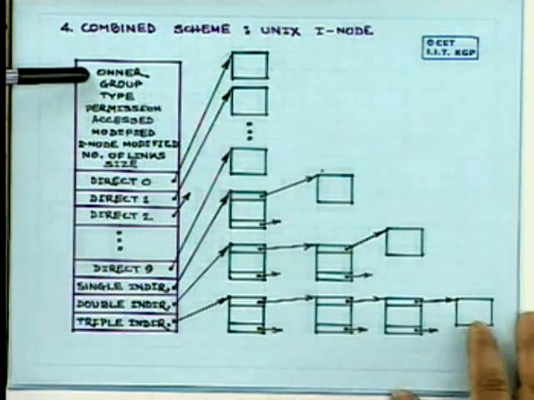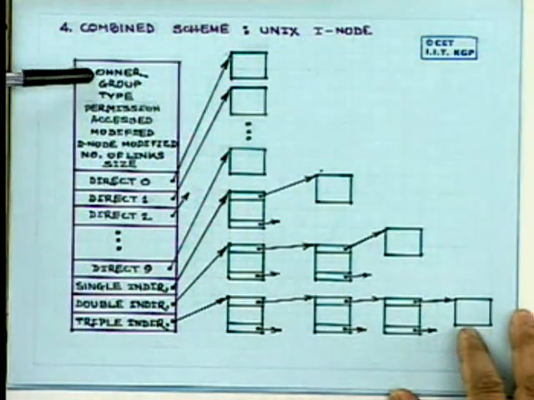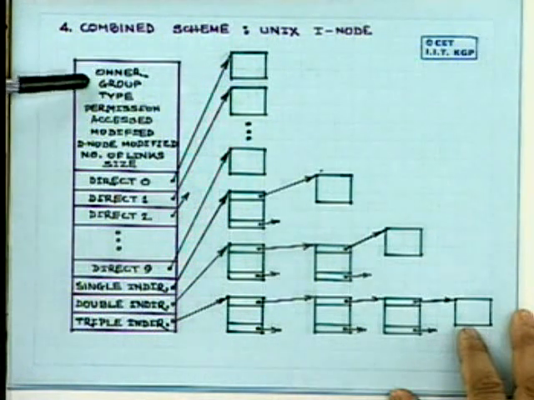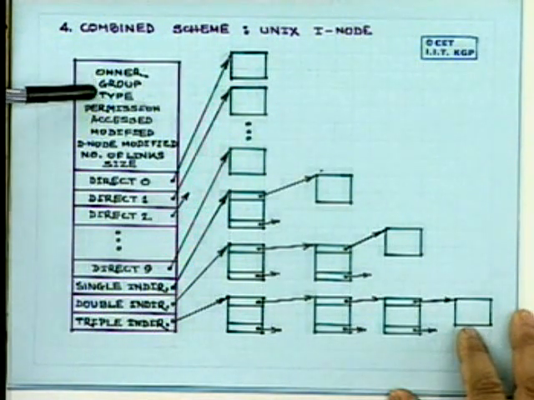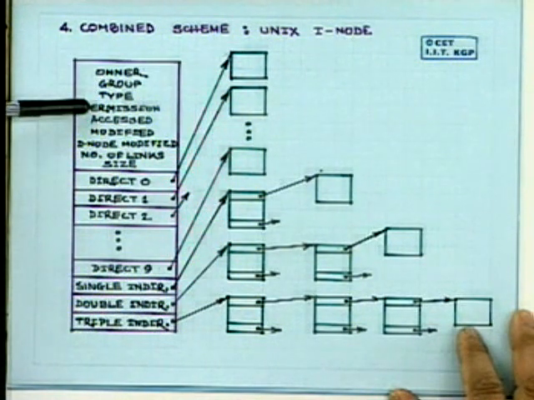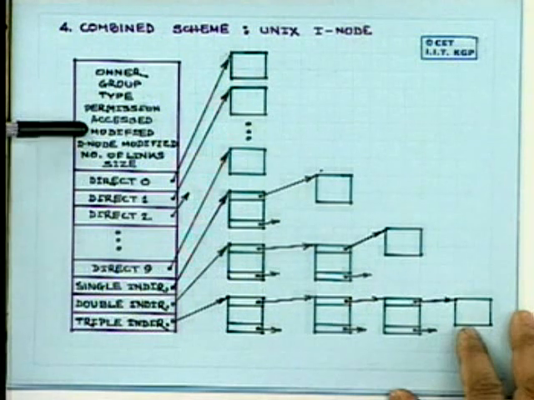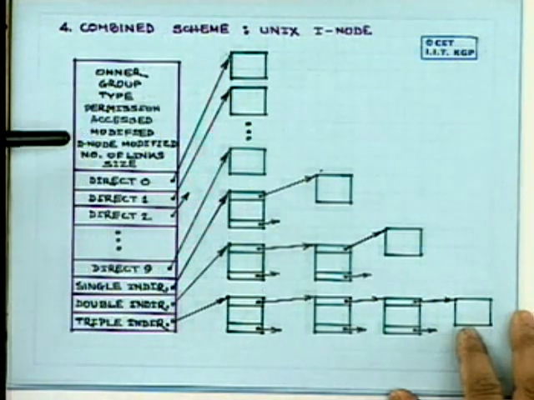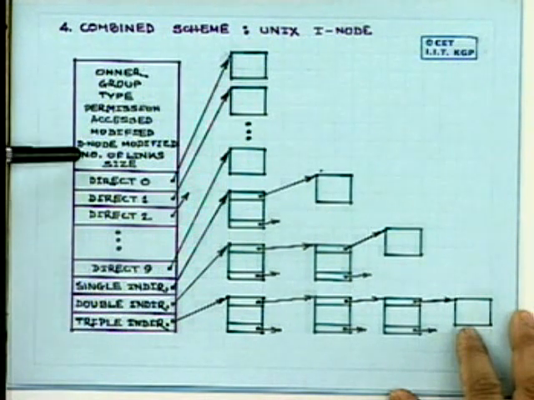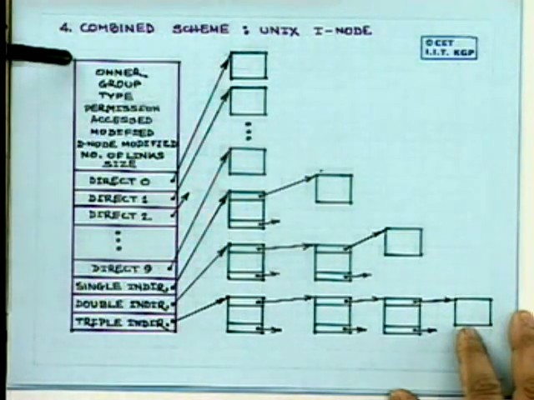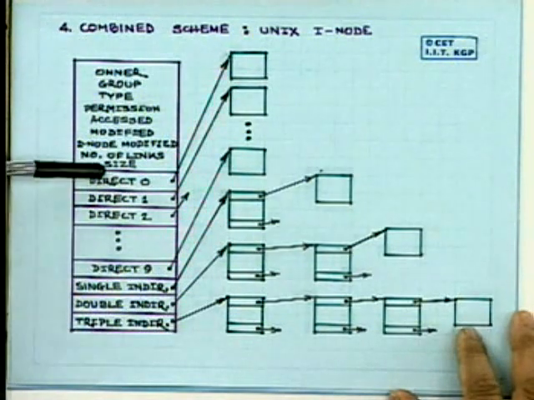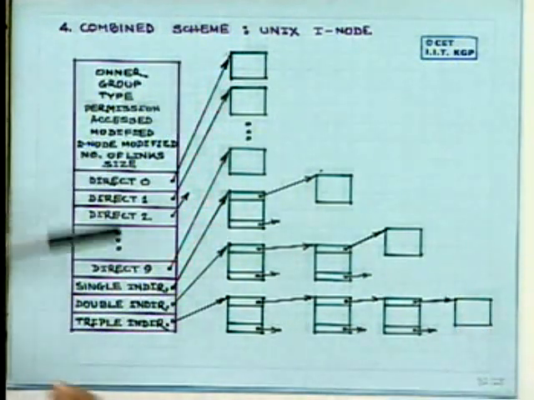This index node contains this information: who is the owner, who is the group, what is the type of the file, what permission is given, when it was last accessed, when it was last modified, when the inode itself was last modified, the number of links to this inode from the various directories, and the size of the file, right?